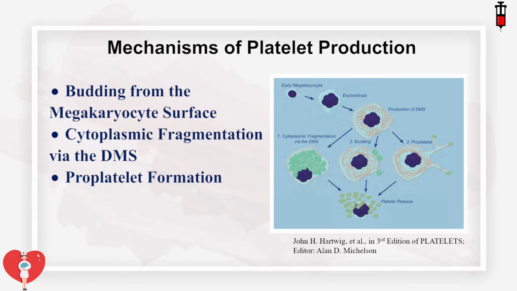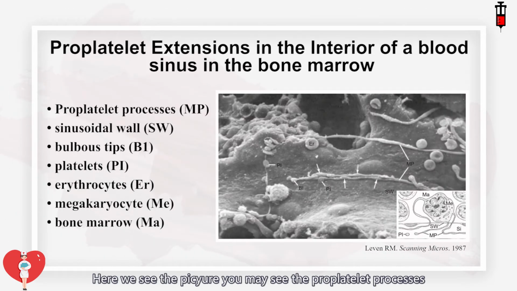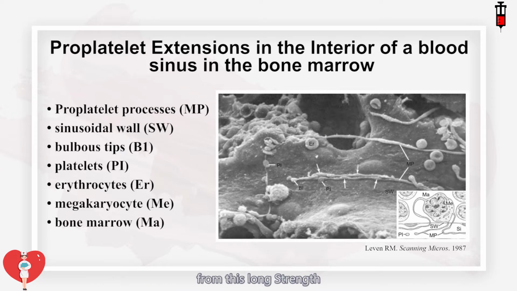In this model, the DMS functions primarily as the membrane reservoir for extension of proplatelets. Here, we see the picture. You may see the proplatelet processes extending from these long strands into the interior of blood sinusoids in the bone marrow.